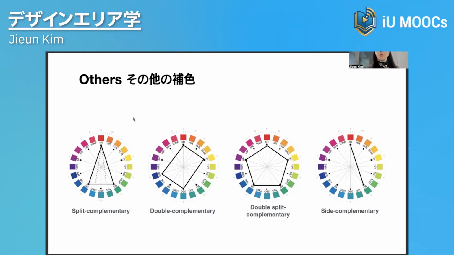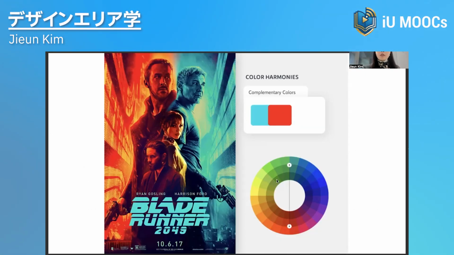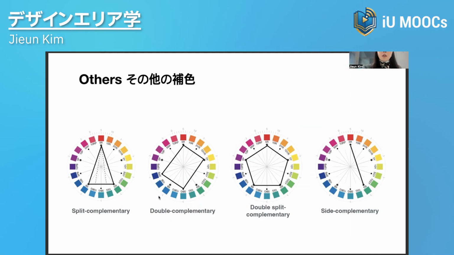And the complementary color is not only this side. You can also think about split complementary color, double side complementary color, double split complementary color, and also side complementary color. But this is not a formula, because in design we don't really have a correct answer, these are just recommendations.